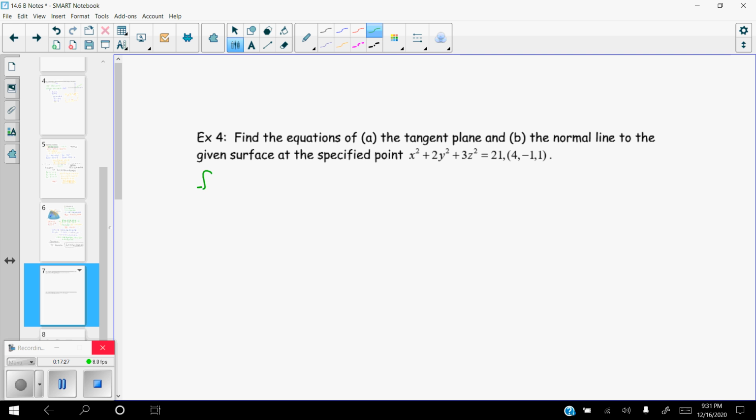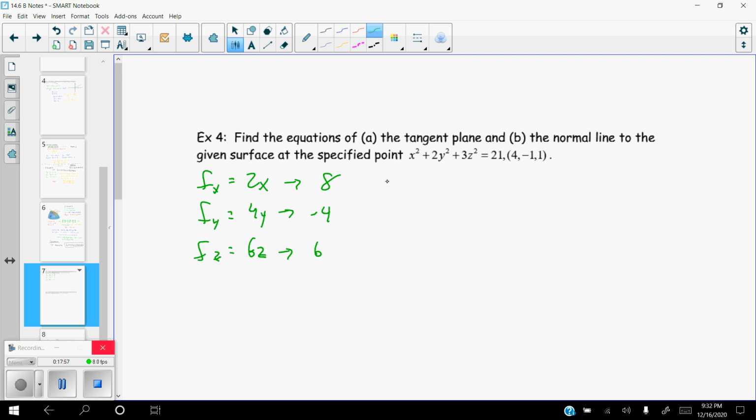So I can do f sub x, which is just going to be 2x, f sub y is going to be 4y, and f sub z is 6z. Evaluated at our point, 2x is going to be 8, 4y is going to be -4, 6z is going to be 6. So that gives us our partials at the point.